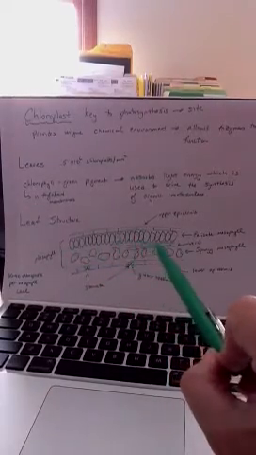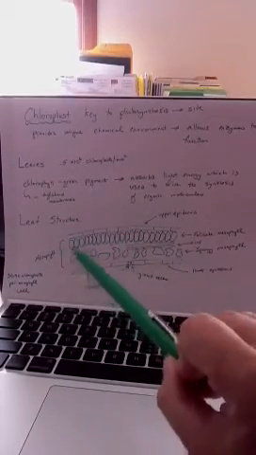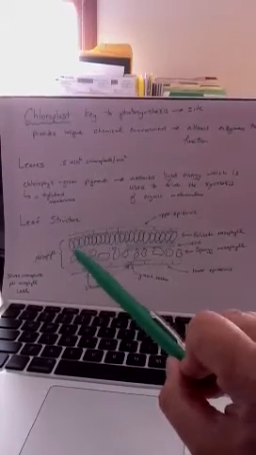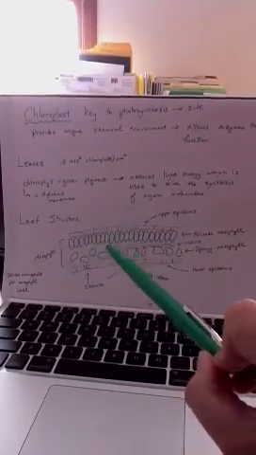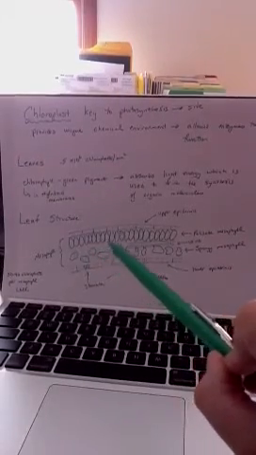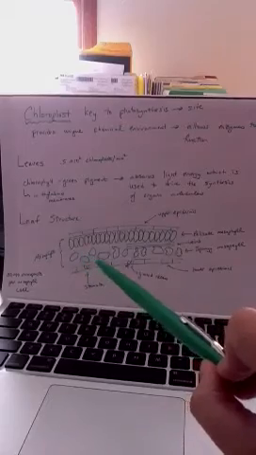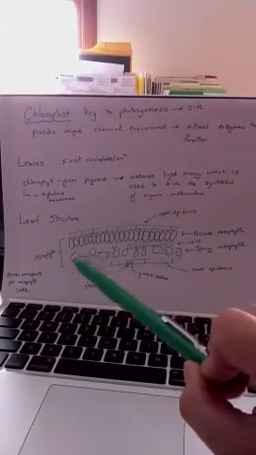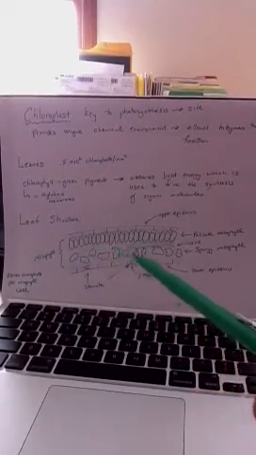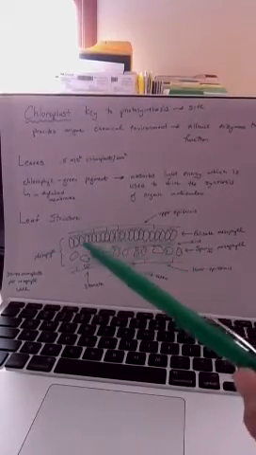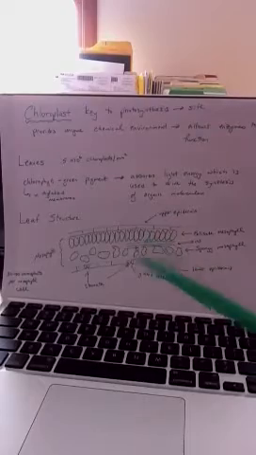The whole internal space here is called the mesophyll, but these upper cells are called the palisade mesophyll, whereas these bottom cells are called the spongy mesophyll, because there's gas in between these cells. They're not as densely packed as this upper row of palisade mesophyll.